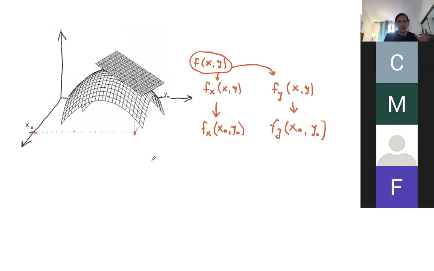So now I can look at the vector. This is the partial derivative of this function f with respect to x at this point x0, comma y0. That's the first component of this vector. And the second one is exactly the other number, the partial derivative of f with respect to y at this point x0, comma y0.